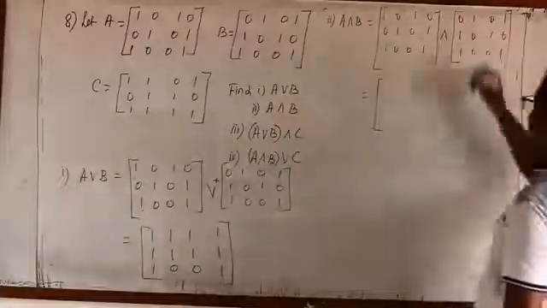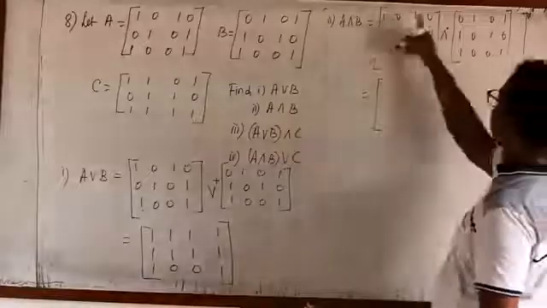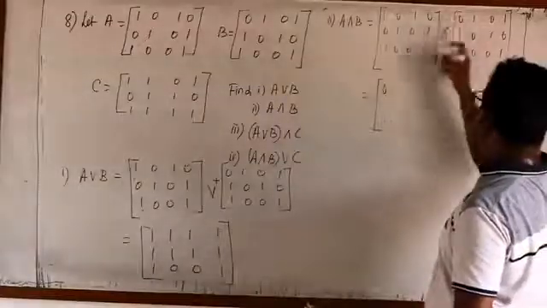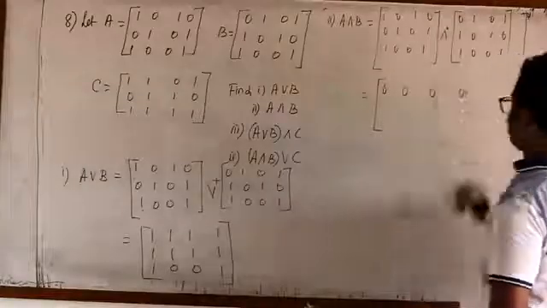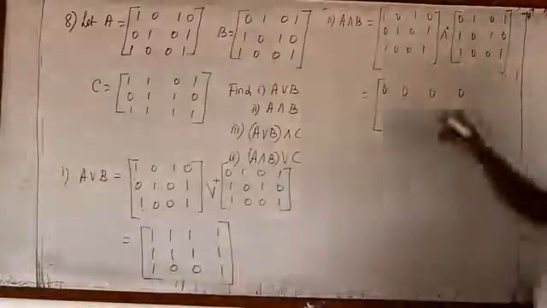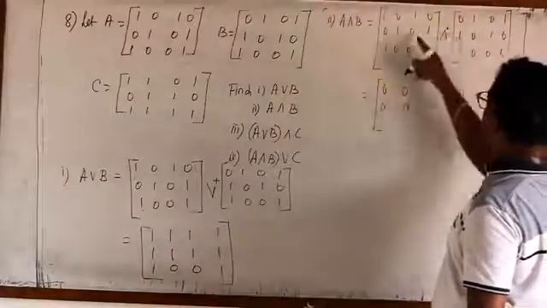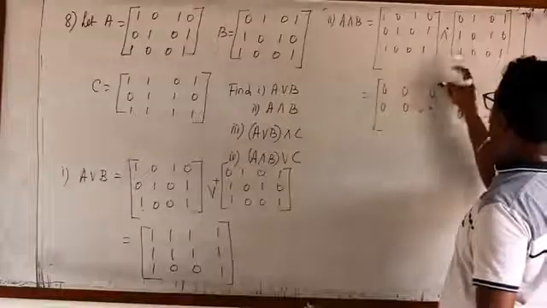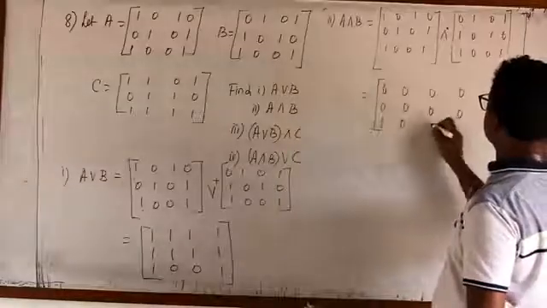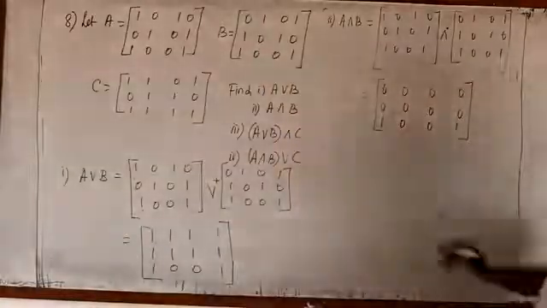Conjunction means AND, so we have to multiply the positions only: 1 into 0 is 0, 0 into 1 is 0, 1 into 0 is 0, 0 into 0 is 0, 0 into 1 is 0, 1 into 0 is 0, 0 into 1 is 0, 1 into 0 is 0, 1 into 1 is 1, 0 0, 1 into 1 is 1. This is our second one.